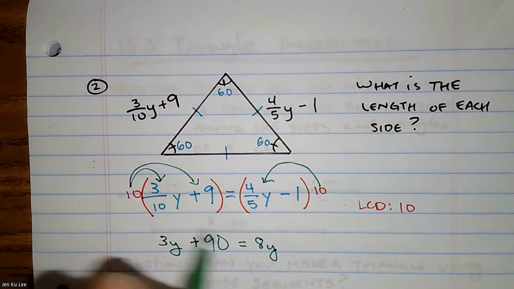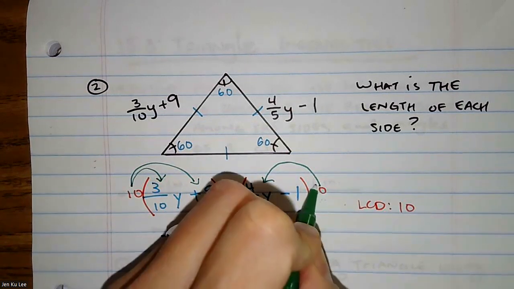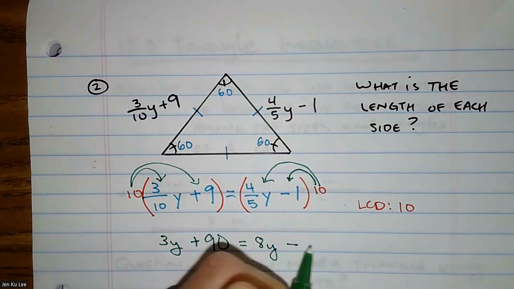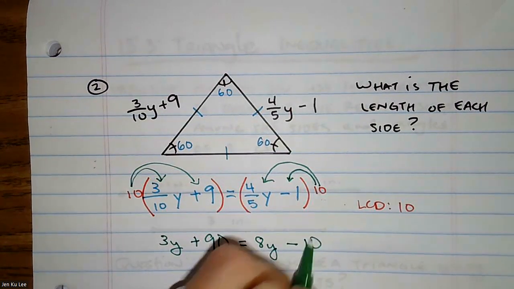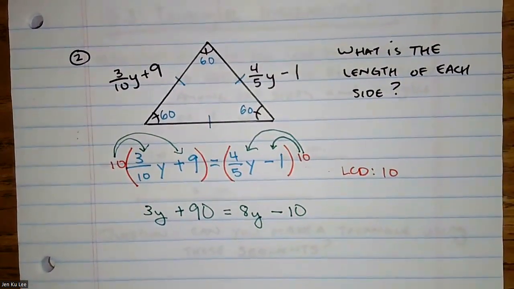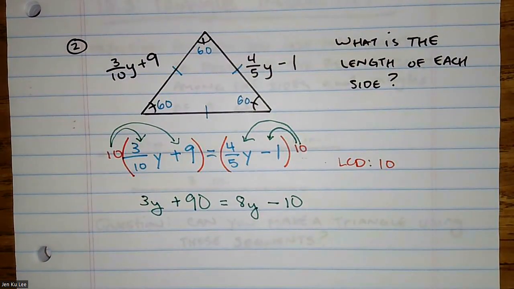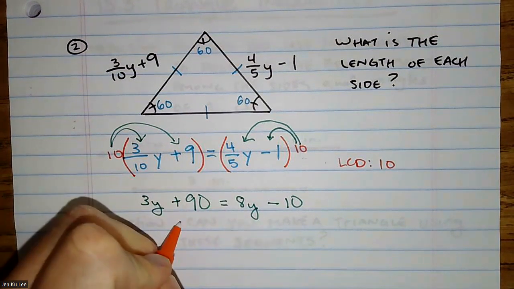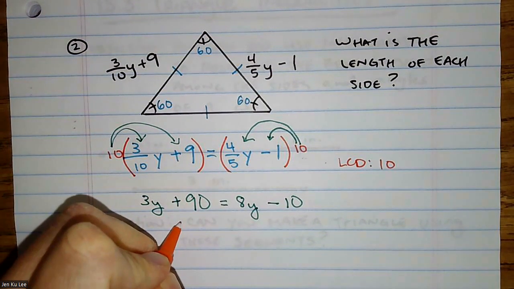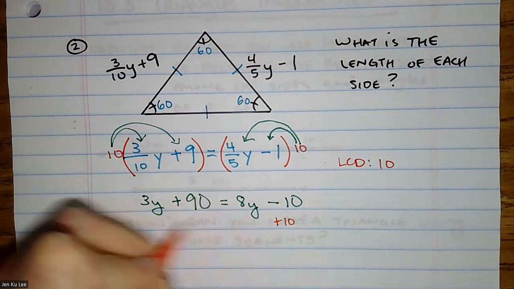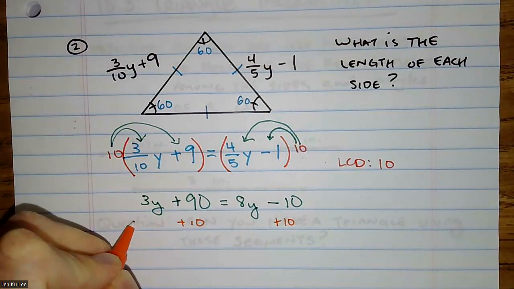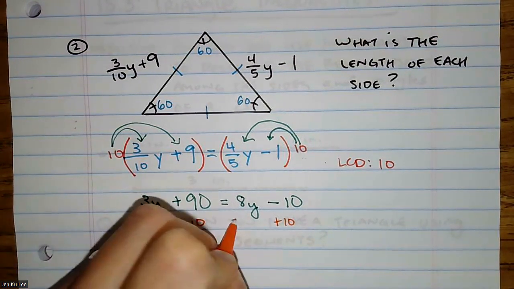So 4 times 2 is 8y, minus 10 times 1, which is minus 10, right? And then we're going to proceed by gathering the like terms. I could add 10 to both sides. Simultaneously, I'm going to subtract 3y on both sides.